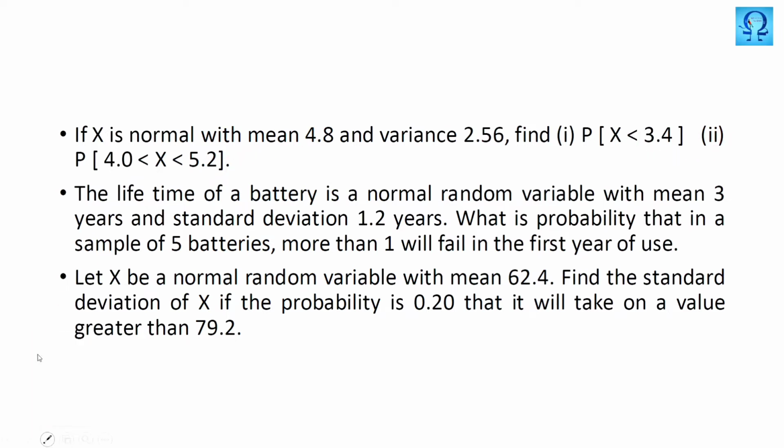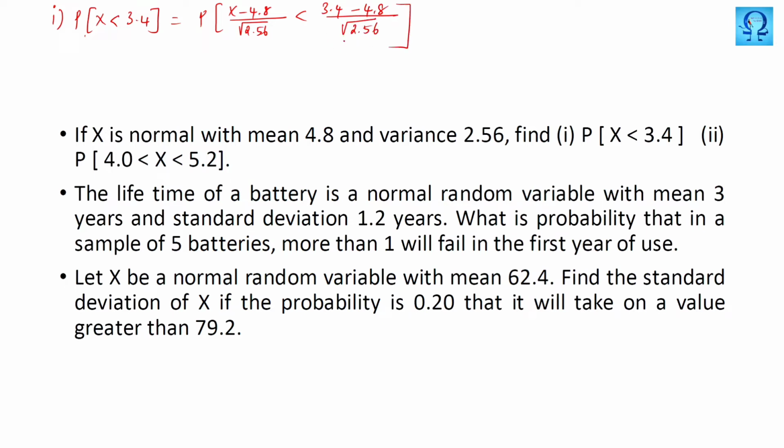So how do we find it? We will just standardize them. So the probability of x smaller than 3.4 is the probability of (x minus 4.8, that is the mean) divided by the standard deviation, that is the square root of 2.56, smaller than (3.4 minus 4.8) divided by the square root of 2.56.